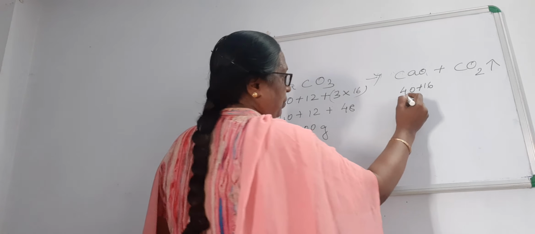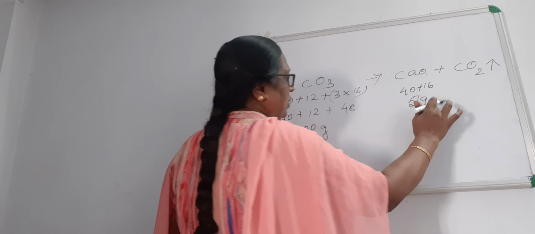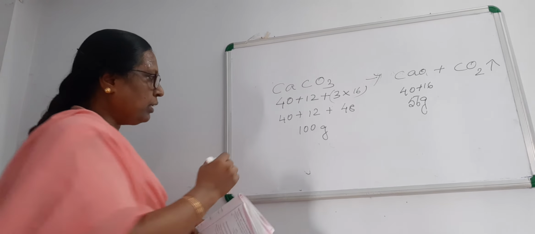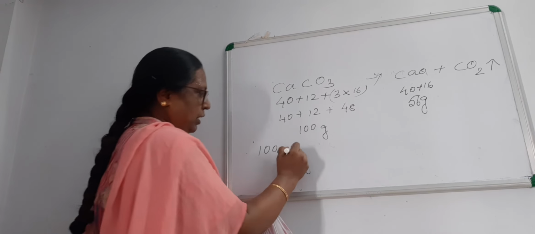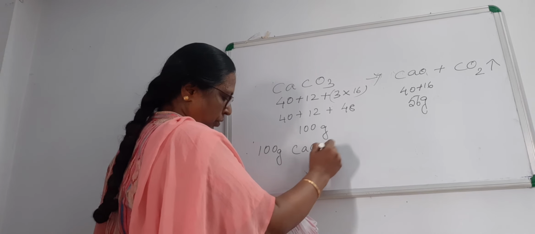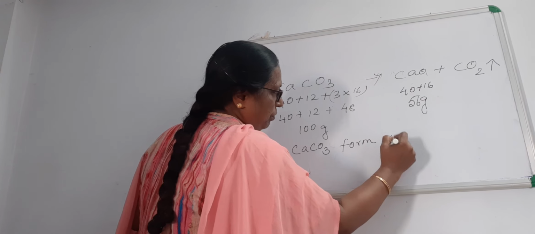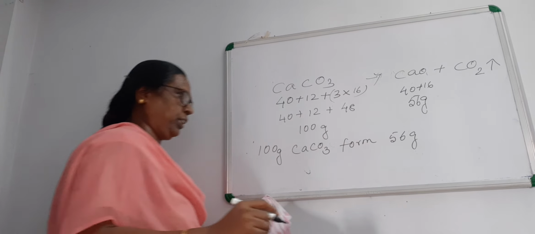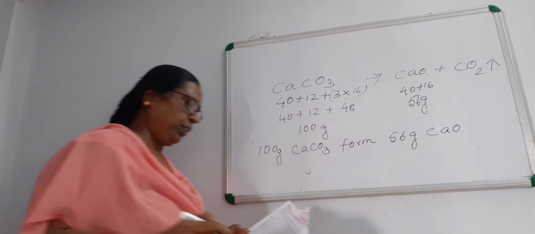Total it is 56 gram. So 100 gram of calcium carbonate will form 56 gram of calcium oxide.